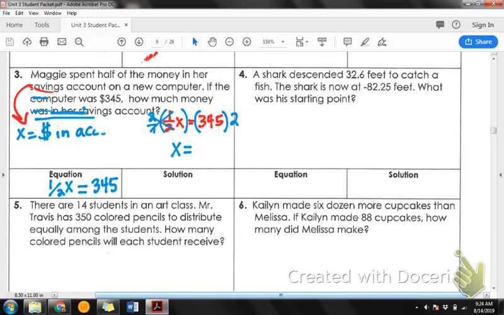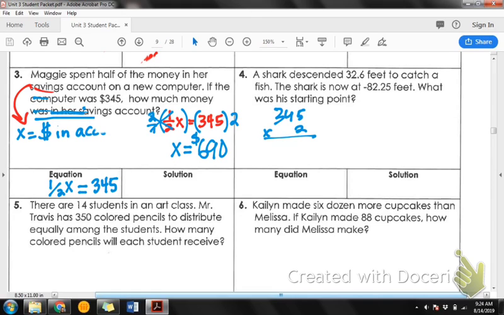So take a minute and do your old school multiplication. 345 times 2. Do that real quick. Hang on. April, what'd you get for X when you multiplied by 2? $690.